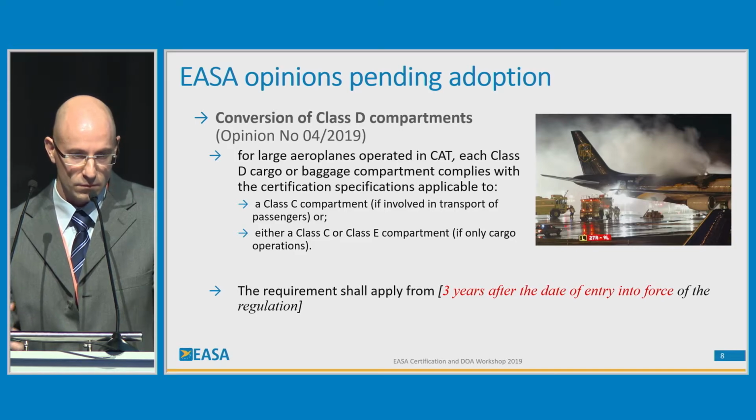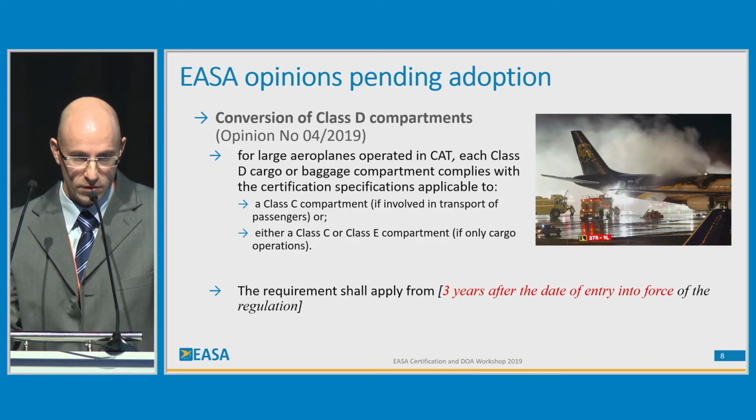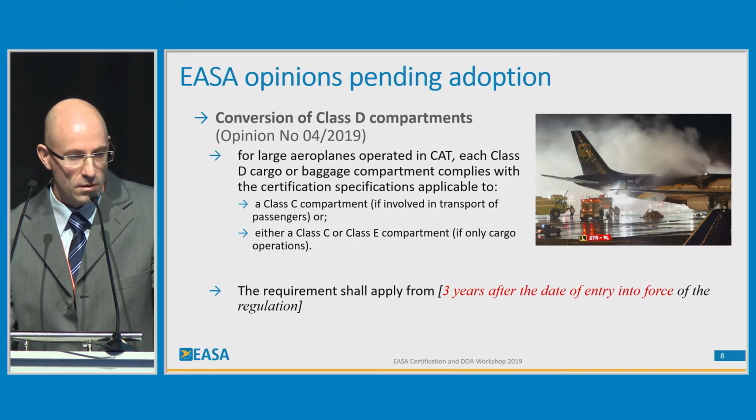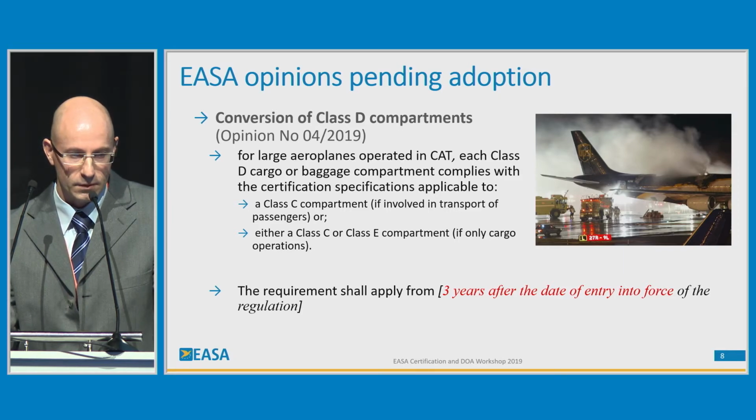So we think that those compartments should be converted to comply either with the specifications of Class C or the ones from Class E compartments in terms of detection of a fire and means to extinguish the fire. The proposal includes requirements for full retrofit, of course, and we have proposed 3 years after the entry into force of the regulation.